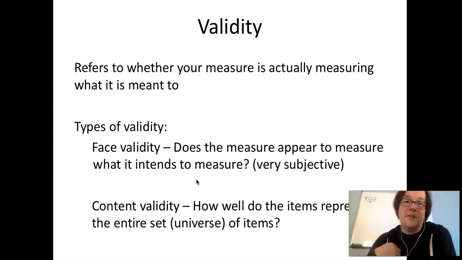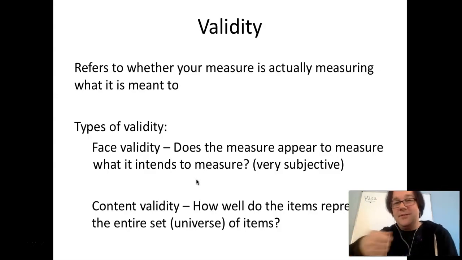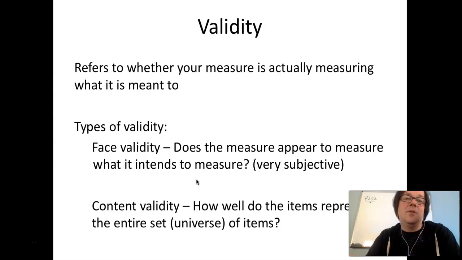There are different types of validity, and unlike reliability, there's no statistical test that we can do per se. No one type of statistical test to determine whether our test is valid. Reliability is, in my experience, much easier to determine.